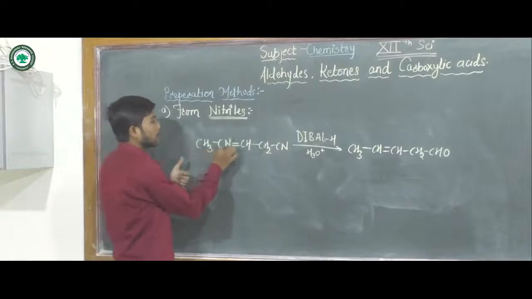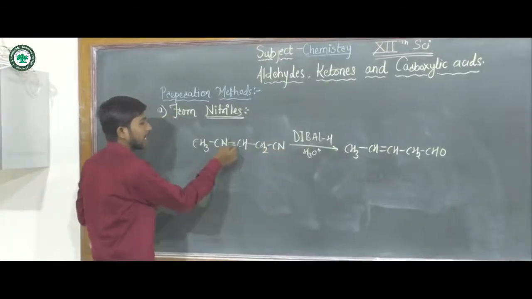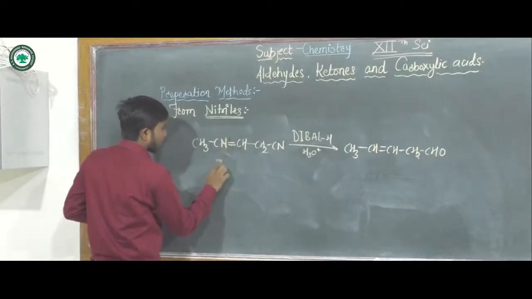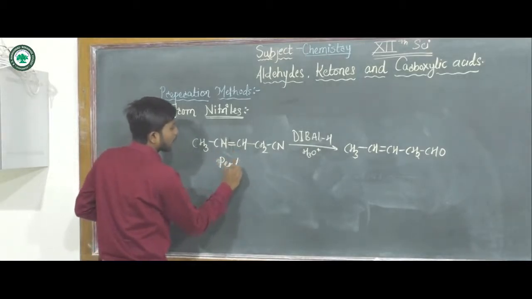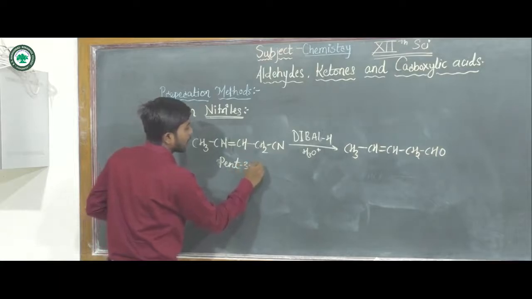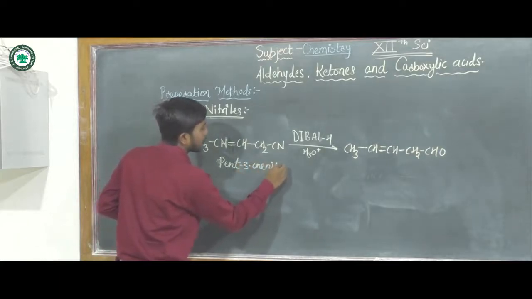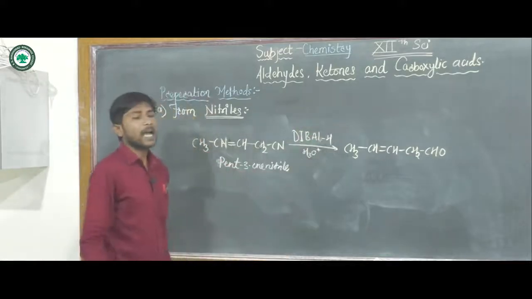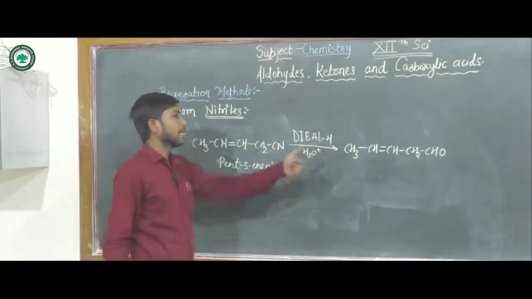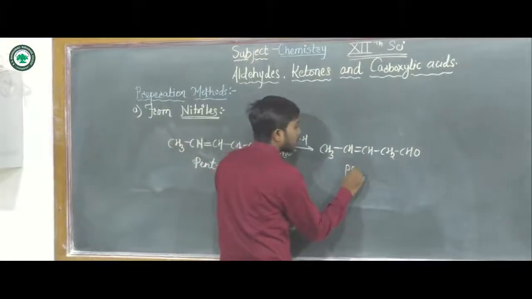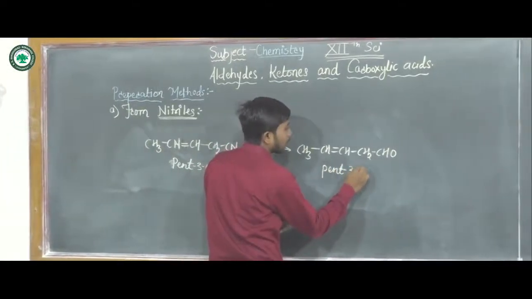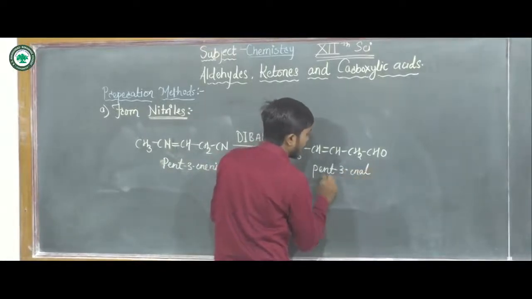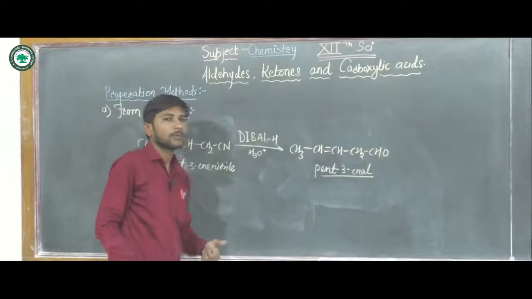What is its name? It contains 1, 2, 3, 4, 5 carbons with the double bond, that is pent-3-ene nitrile, which on reduction with the diisobutyl aluminum hydride gives pent-3-enal.